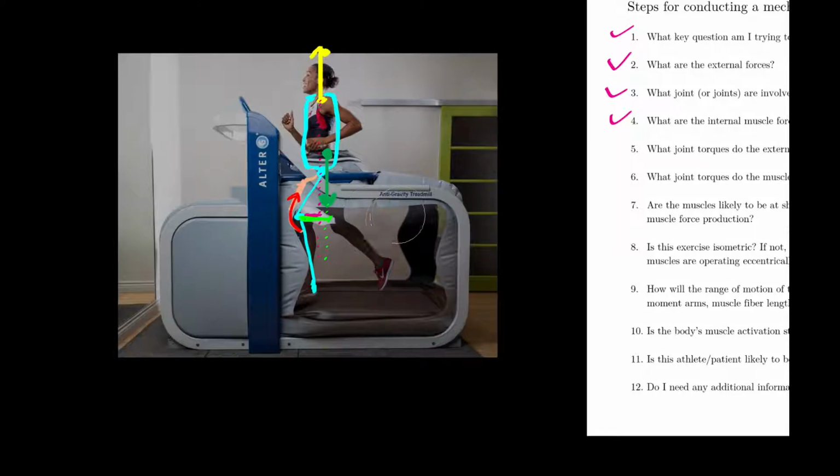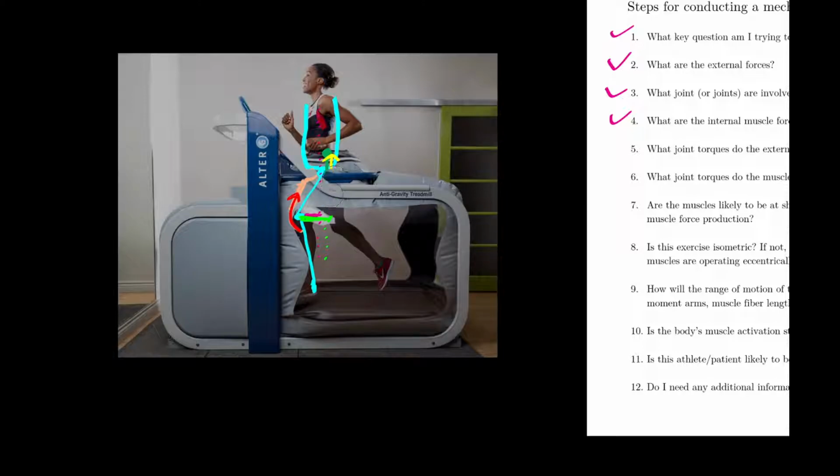Maybe a more simple way to think about it is to just add these two together, and if you'll allow me to just redraw the green arrow as the net effect of the downward force of gravity minus the upward force of the Alter G lifting you up.